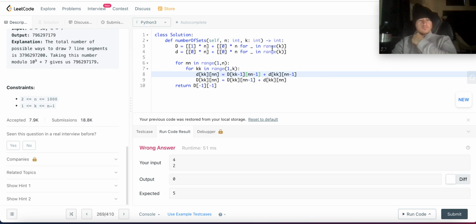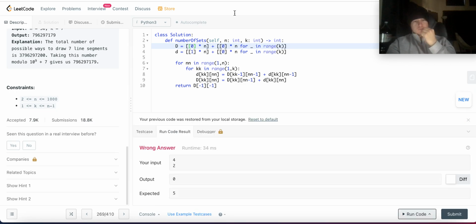Man! Alright, what am I doing wrong here? That'll be k because it's k plus 1. Oh, this is length k plus 1.